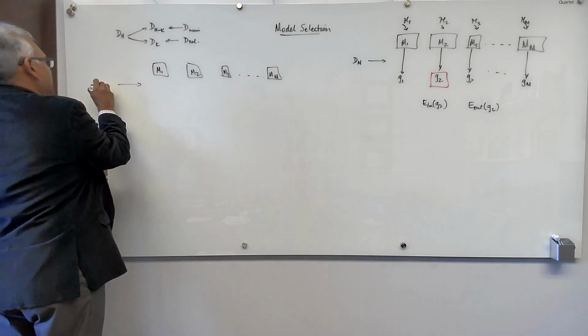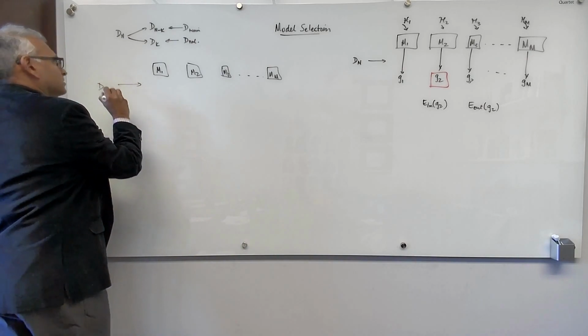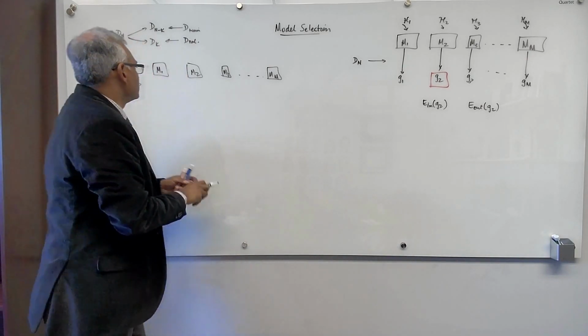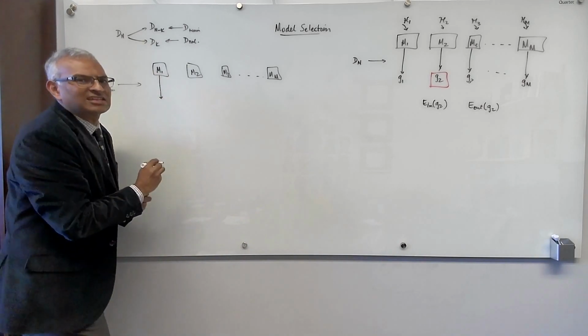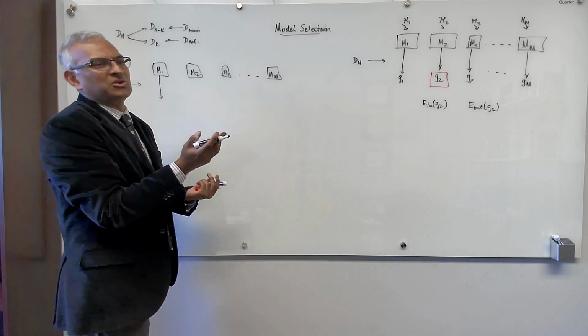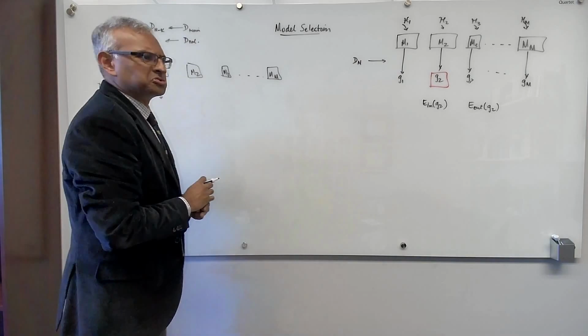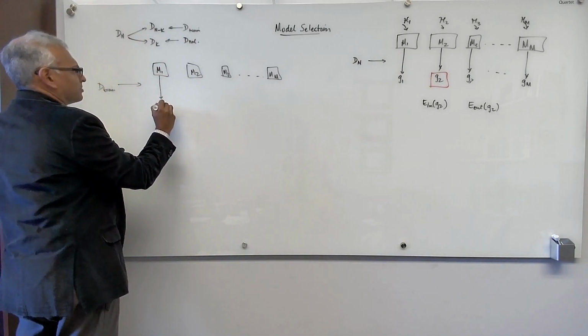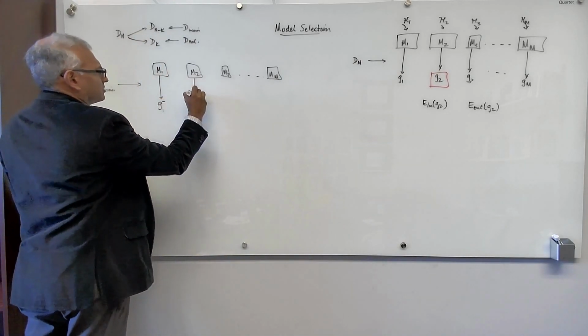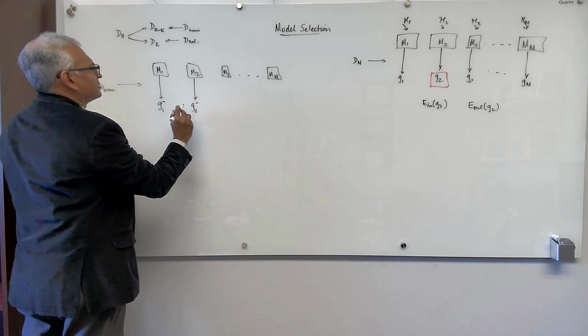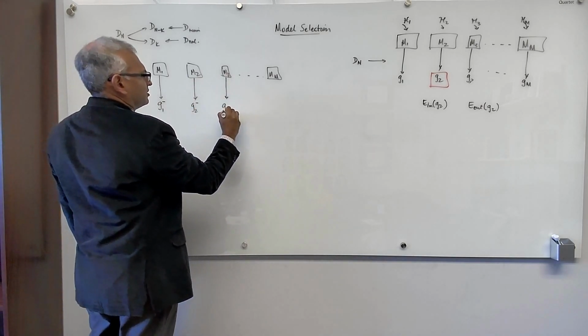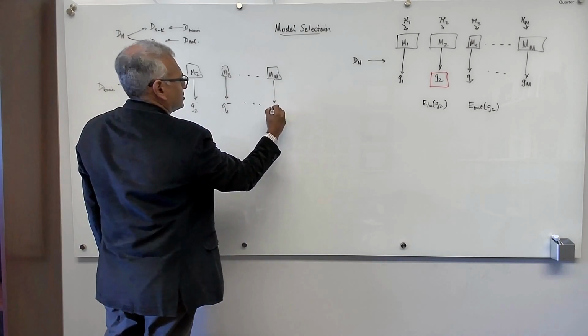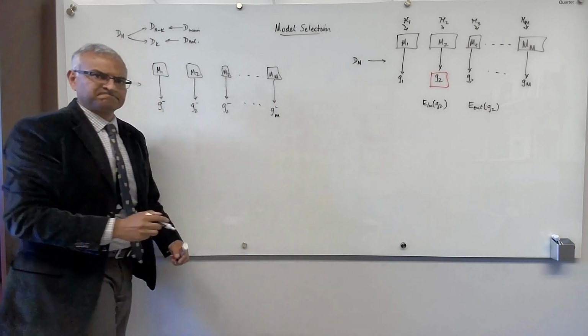You give the training data set to your different models, and they each produce a deficient hypothesis. That's the beauty of what's going on: they're actually producing deficient hypotheses. g_1 minus, g_2 minus, g_3 minus, and so on, g_M minus.